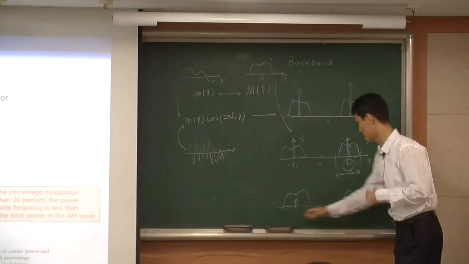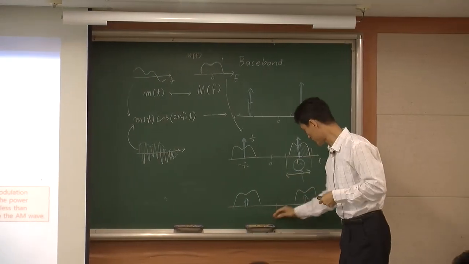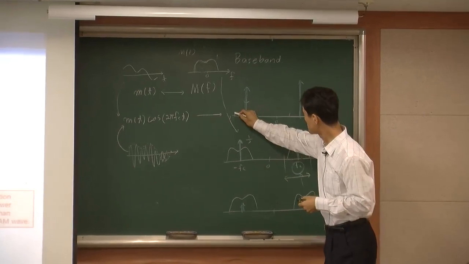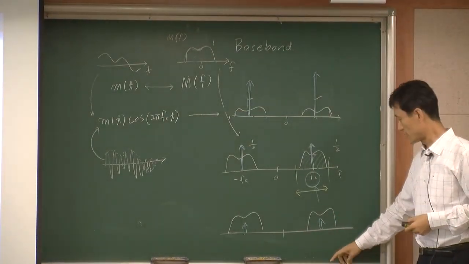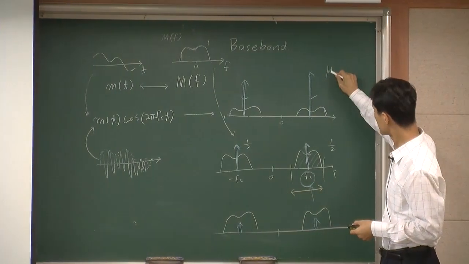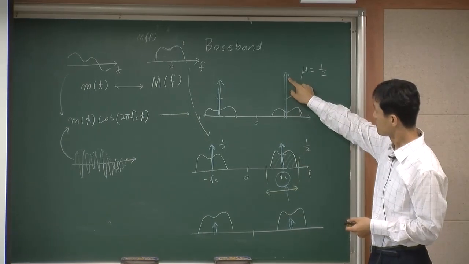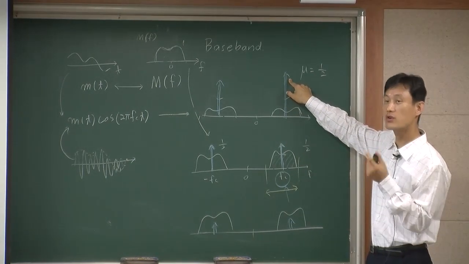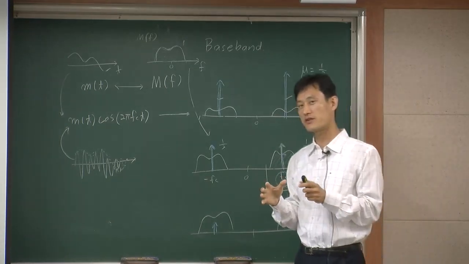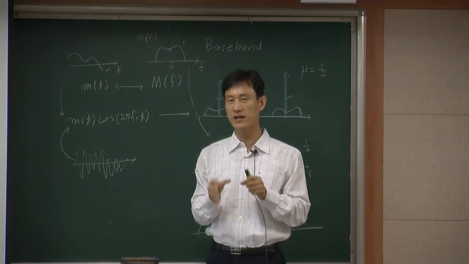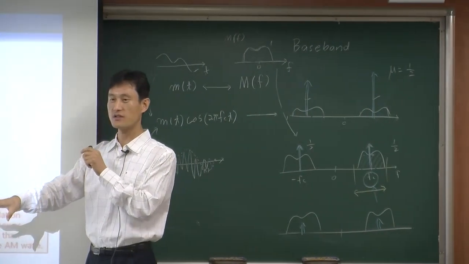Actually, let me draw it a little bit different way. So it's maybe like this, like this. So that's the case of mu equal to something like this, right? The blue one is the carrier, the pure carrier. So again, remember the carrier? The carrier is something that you create when you transmit, and at the receiver, you discard the carrier, right?